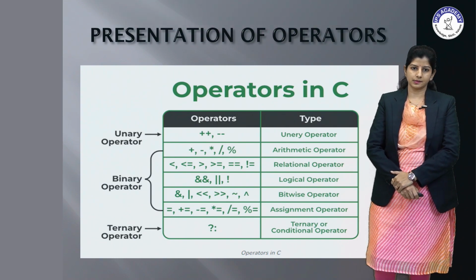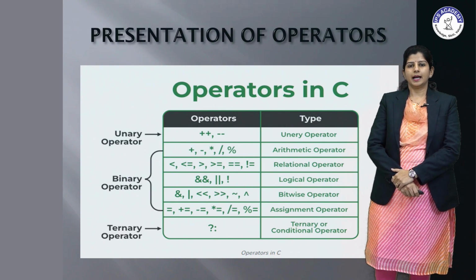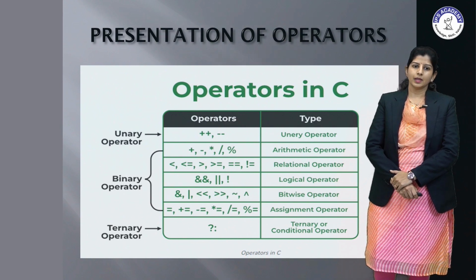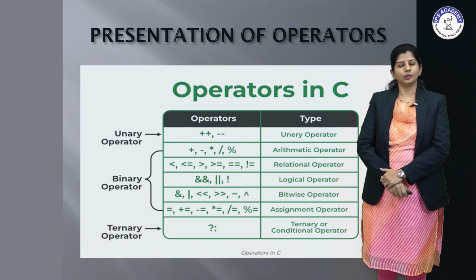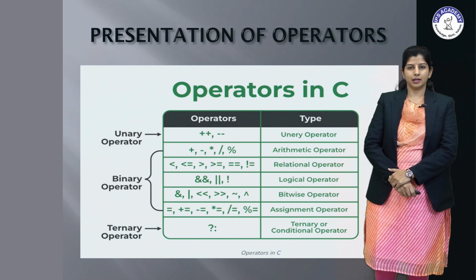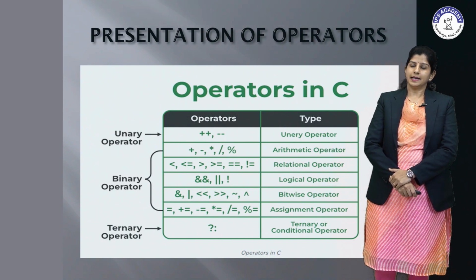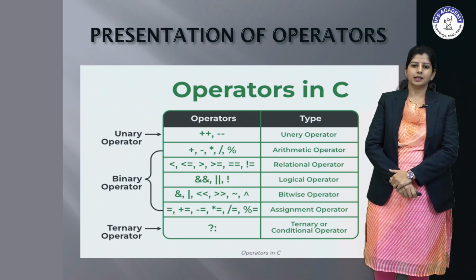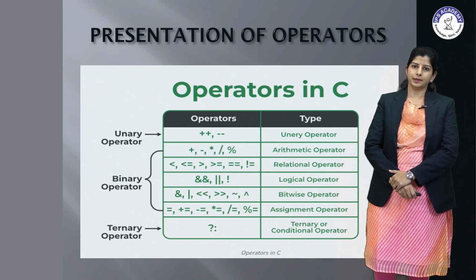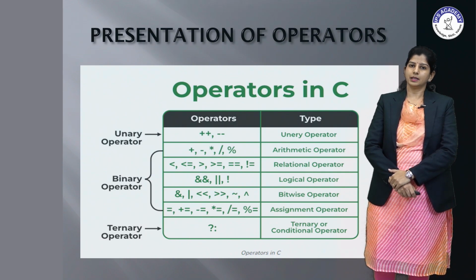Unary operators operate on a single variable at a time, and binary operators are those which operate on 2 variables. The last one is the ternary operator, also known as the conditional operator. It is a presentation of operators in the form of a table in C.